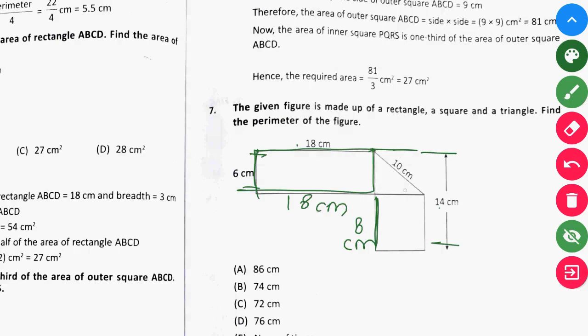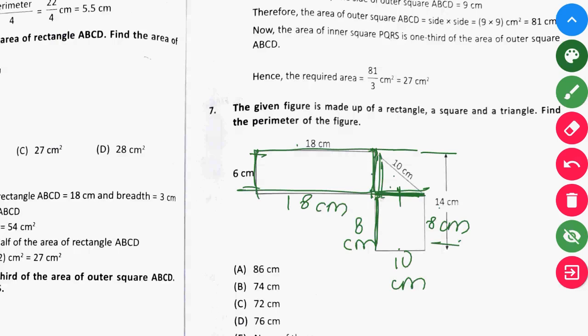Okay. Now, this is 10. This is 8 centimeter. But we don't know this side. Okay. But it looks like an equilateral triangle. So this is also 10 centimeter. Okay.